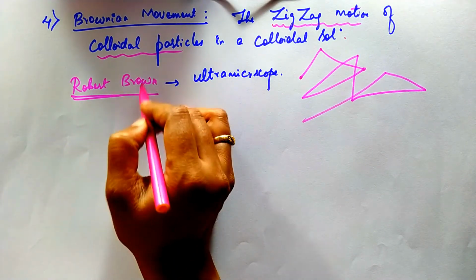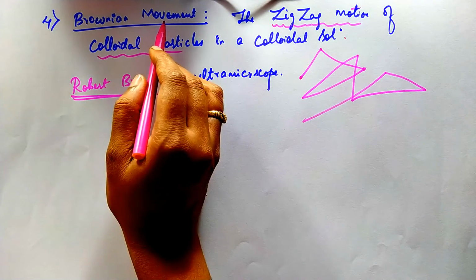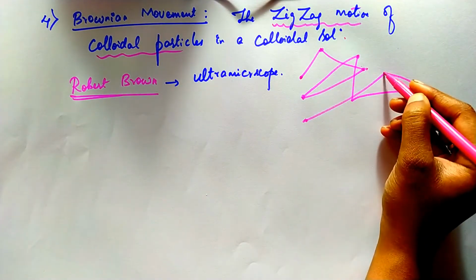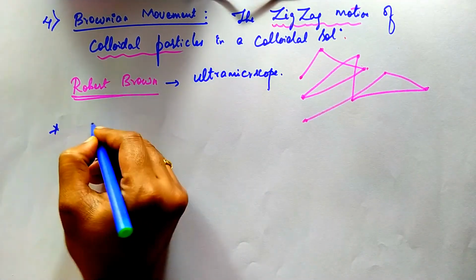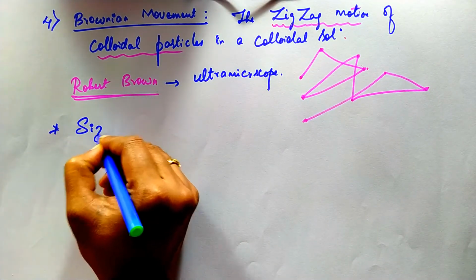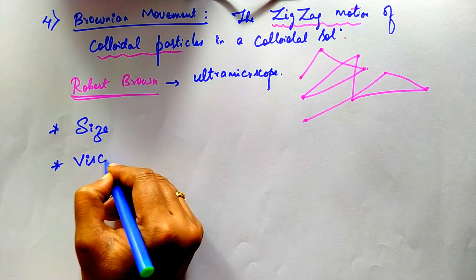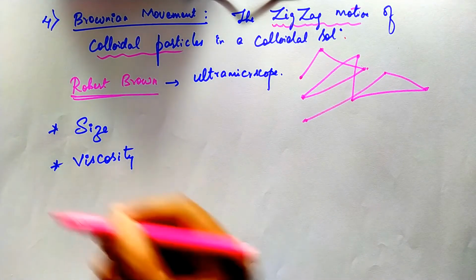His name is Robert Brown, so the name came as Brownian movement. Here the movement of the colloidal particles depends on the size and also the viscosity. These are the two main conditions.